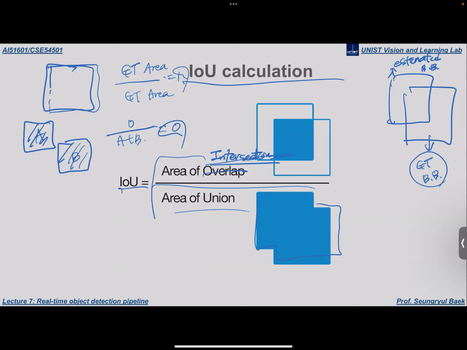And between 0 and 1, the values include the ratio of intersection over their union area. This includes how two bounding boxes are intersected.